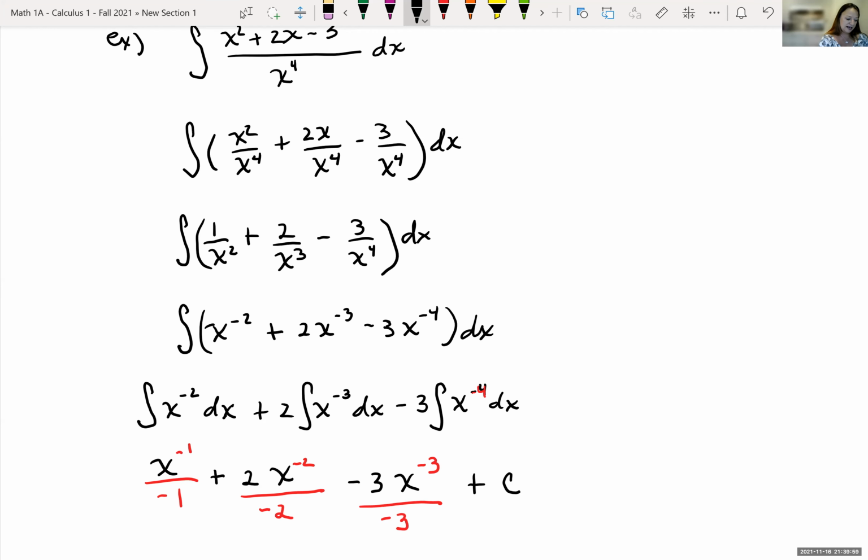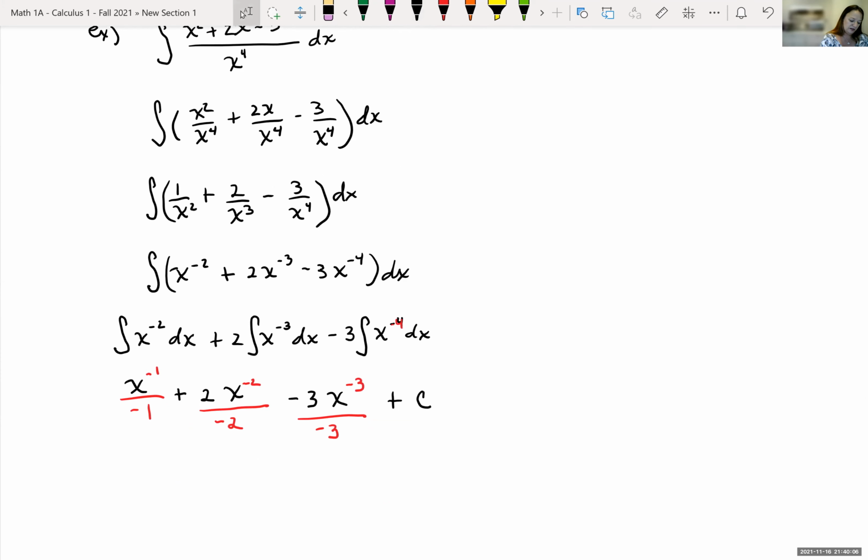So this is our antiderivative, and then you would just go through and clean it up, giving it positive exponents and simplifying where possible. And so we could rewrite this as negative 1 over x. Notice the 2's cancel.